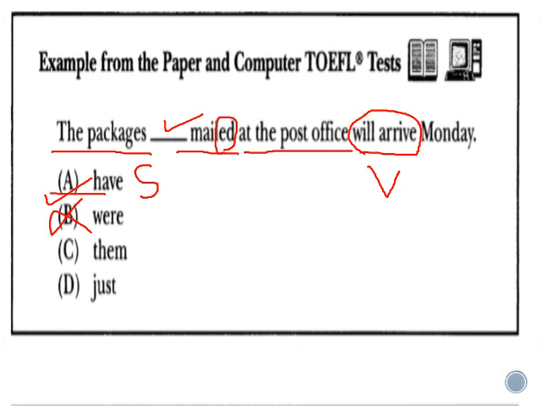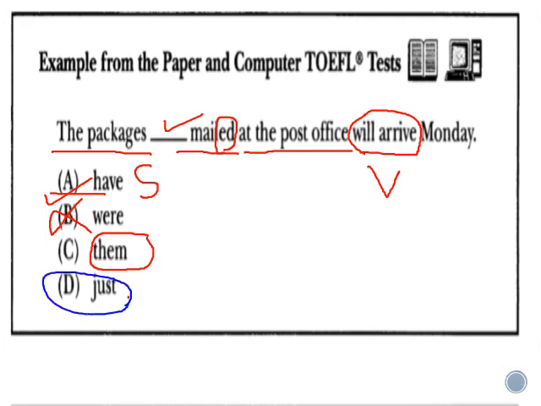Now, regarding C, "the packages them mailed," this is incorrect. The form of this pronoun is incorrect. This is an object pronoun. Here we need a subject pronoun, at least, for the sentence to be correct. So we are left with "just."